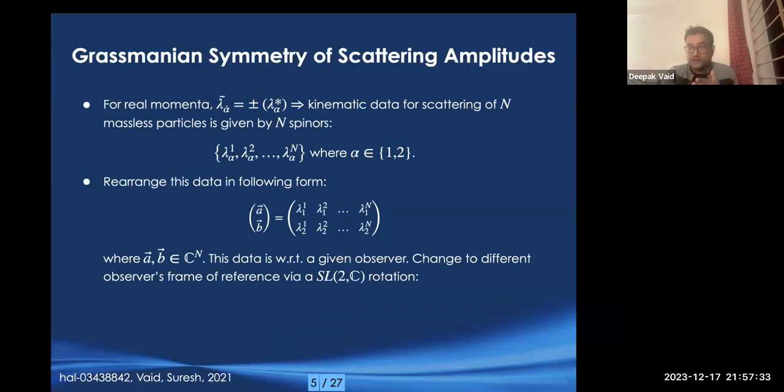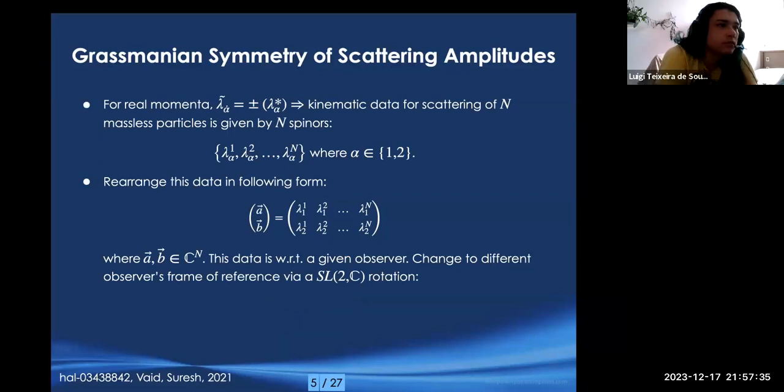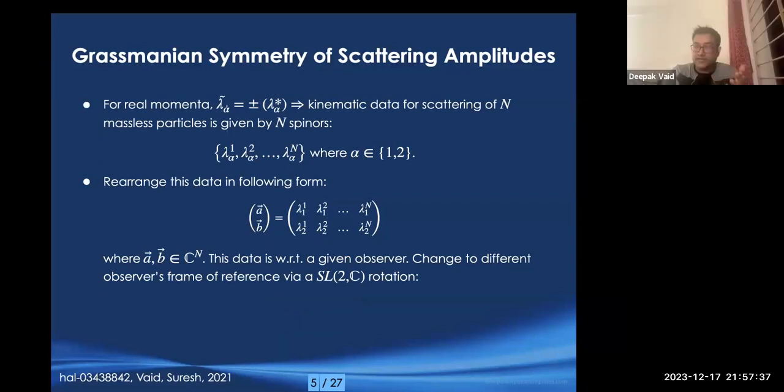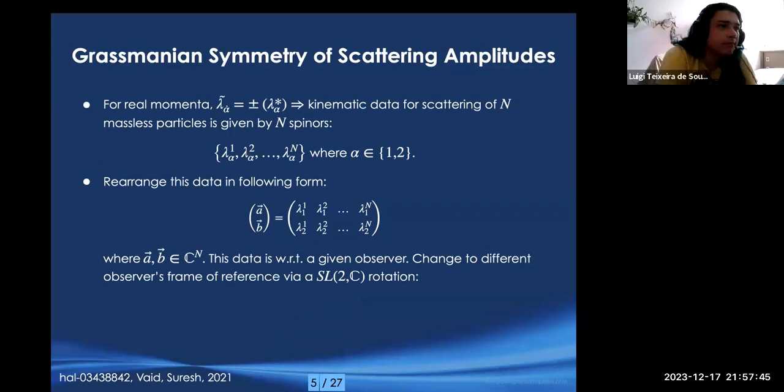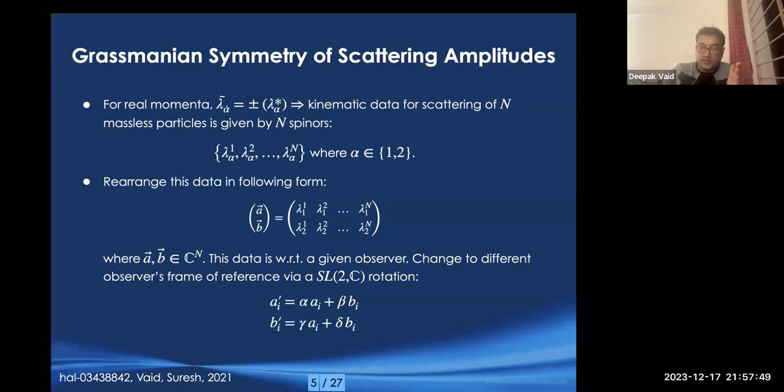If it's a Lorentz transformation, we can write it in terms of an SL2C matrix acting on these spinors. And the same SL2C matrix acts on every spinor, because it's not a local Lorentz transformation.